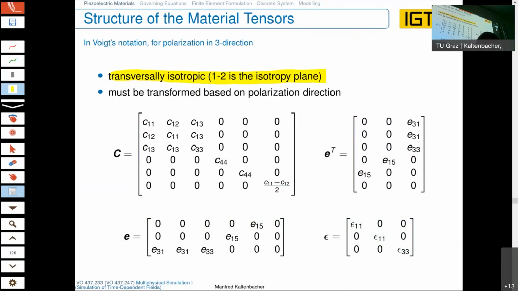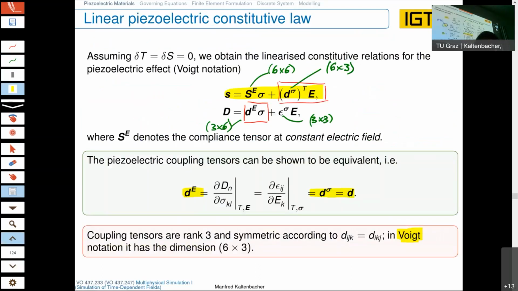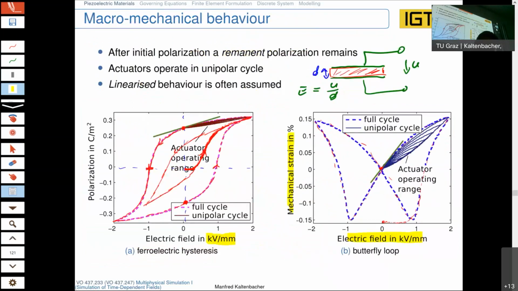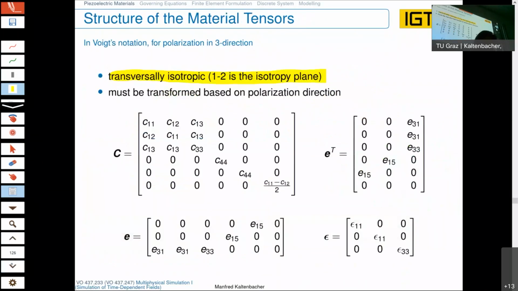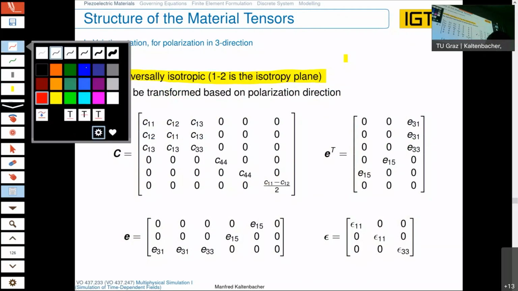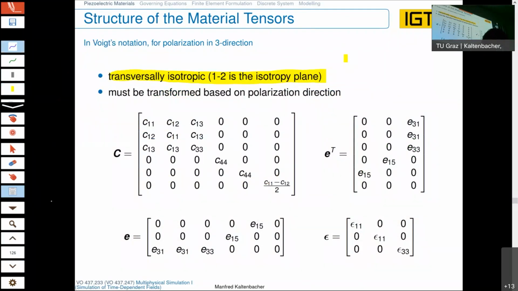So if I go back, I had somewhere my disk. Okay, it's not as nice. So let's make a new sketch. Okay, so let's say this is your piezoelectric plate.